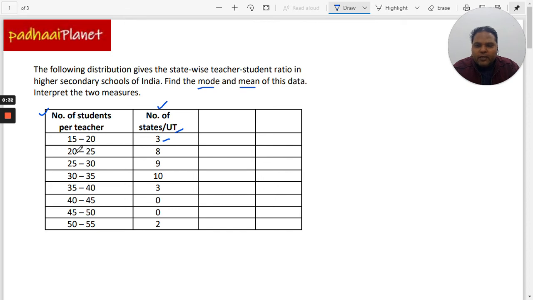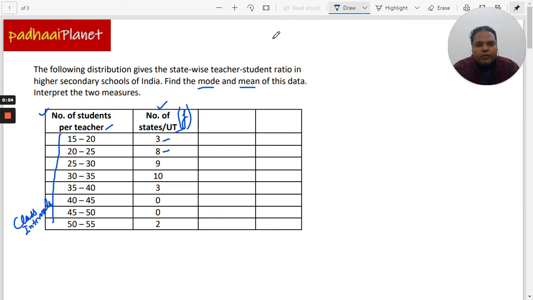Similarly, 20 to 25 students have been allocated to one teacher in 8 states. These are the different class intervals into which the whole data is divided, and this is the frequency of the data.